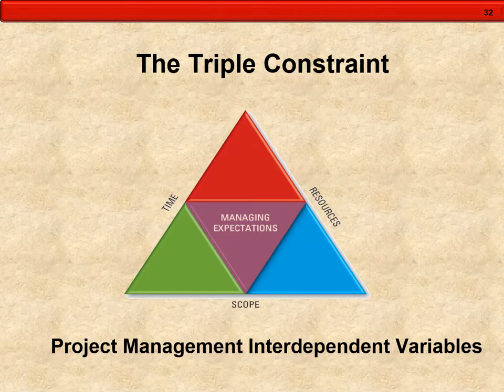All right, variables and the triple constraint. The triple constraint is time, resources, and scope. Do you have enough time in order to meet the deadline? I'm sorry, but one person cannot meet a project deadline within 5 days if it's a 60-hour project.